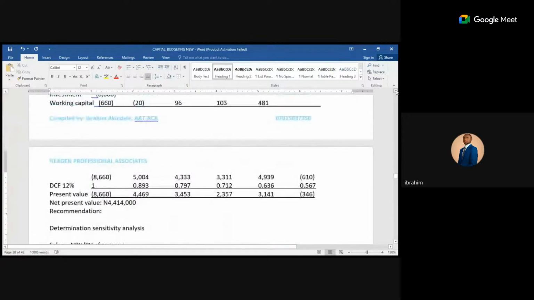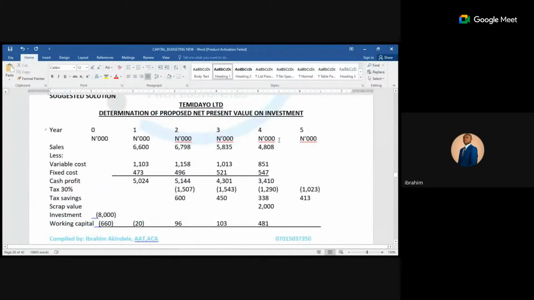Please add the total fixed cost. What is the total fixed cost?